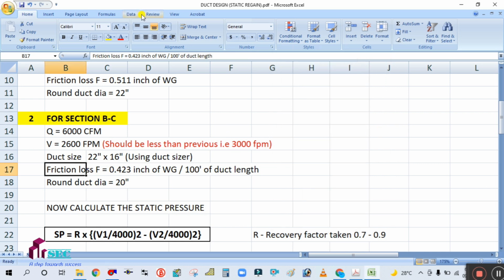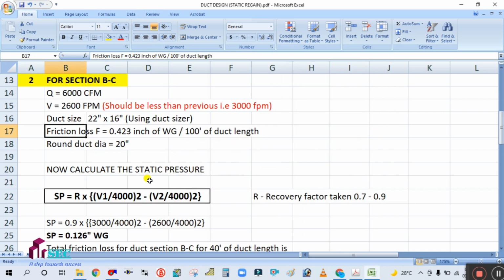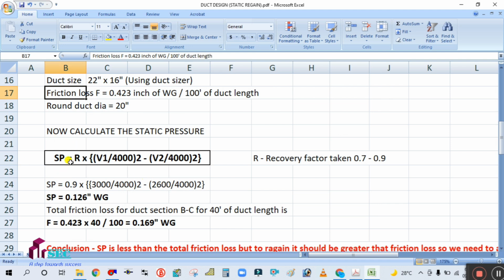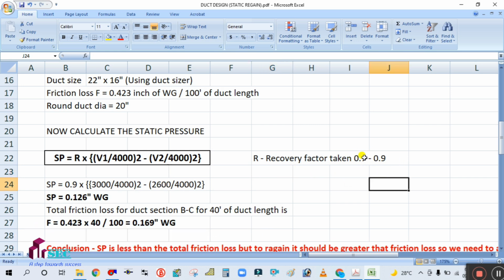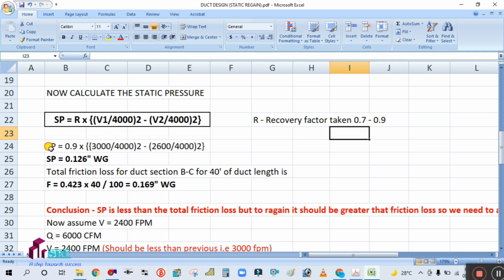Now calculate the static pressure. The formula for static pressure is SP = R × [(V1/4000)² − (V2/4000)²]. R is the recovery factor, taken as 0.7 to 0.9. If there are more bends and more fittings, you use 0.7. If there are fewer fittings, for example most of the duct is straight, you can use 0.9. So for the static regain method, we put in 0.9.